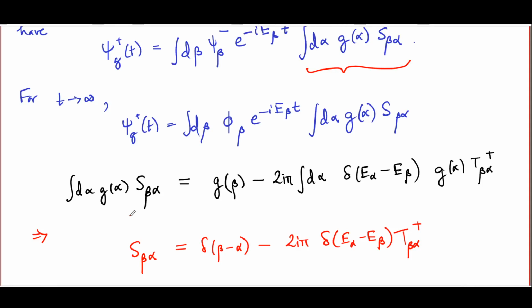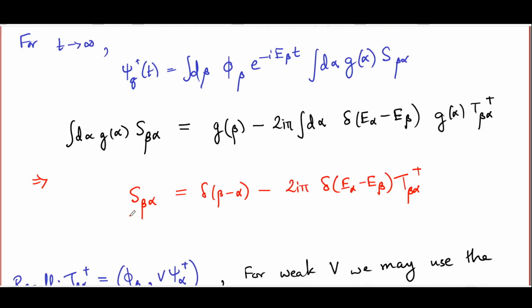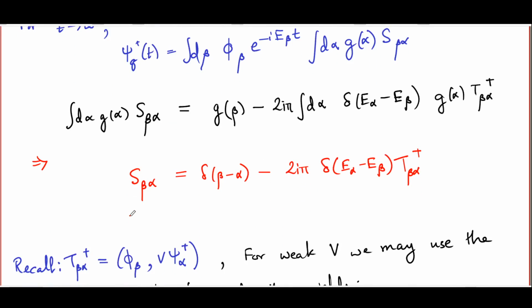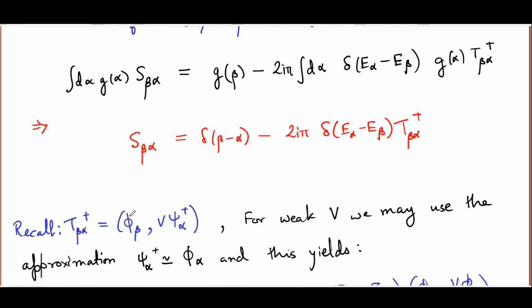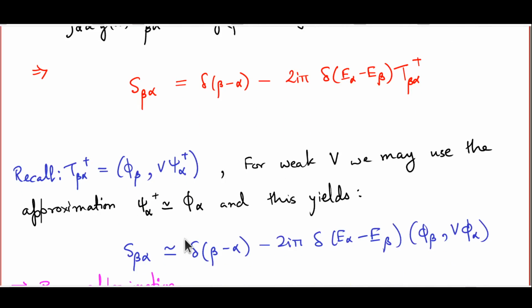But let me point out that T beta alpha plus, which is of course phi beta inner product with V psi alpha plus, has a very simple approximation which we have talked about earlier as well. If the potential is weak, we may use the approximation that psi alpha plus is the same as phi alpha in this expression, and then this immediately gives us a formula for S beta alpha, at least to first order in the potential.